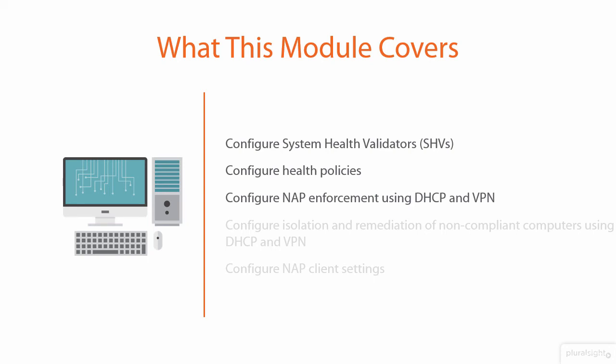For the first, a machine that's attempting to get a DHCP address. For the second, a machine that's attempting to connect in through a VPN. Now, the first of these is a curious inclusion here because machines that attempt to get a DHCP address and that whole process of requesting a DHCP address is not really a great limiter on the part of the clients.